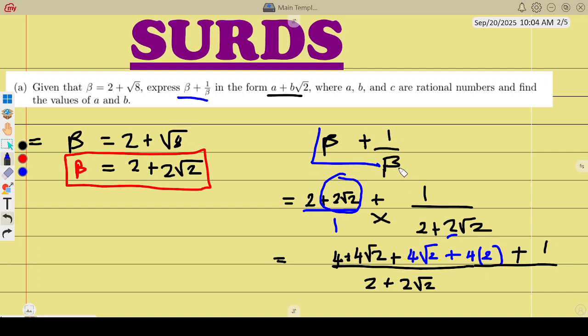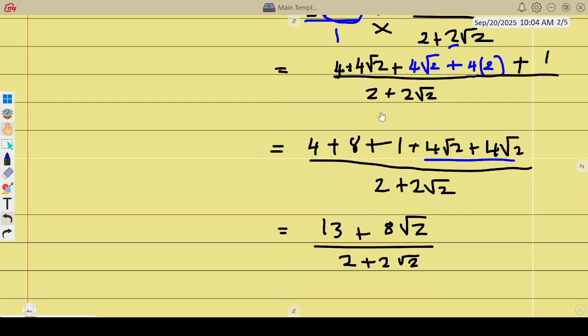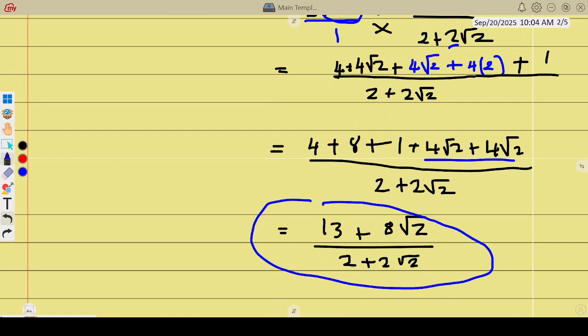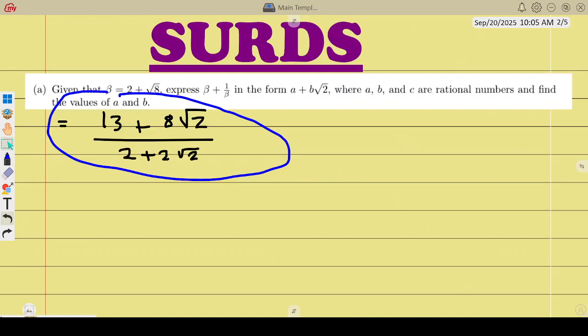That's what we did, and then we make it as a single fraction. After we're done with that, let us now write it in this form, meaning we need to rationalize. So let me just bring this up, let's take it up and then we rationalize. Okay, so there we have it.